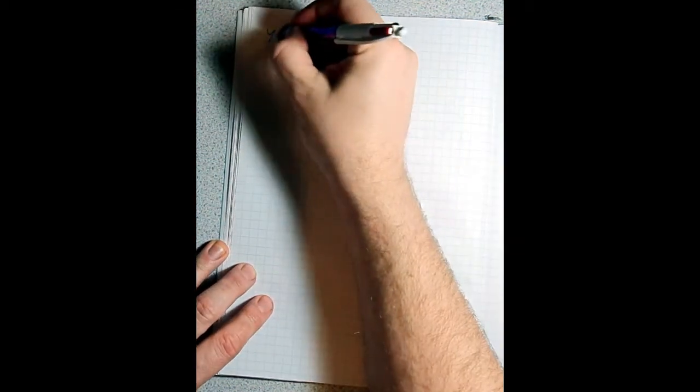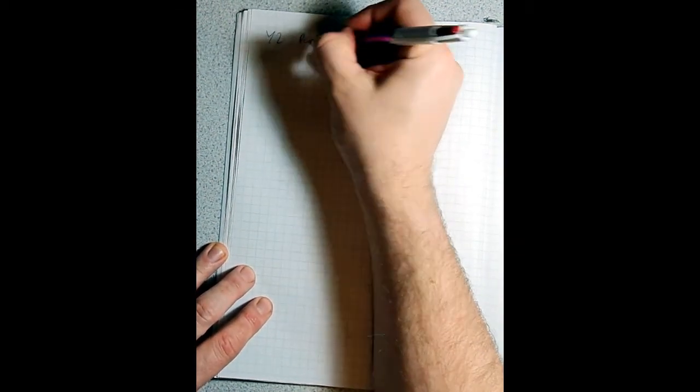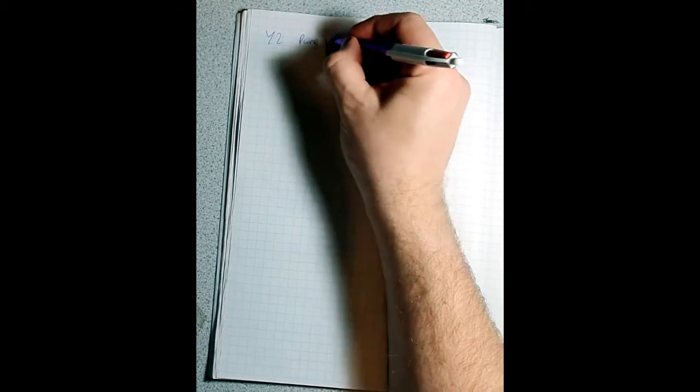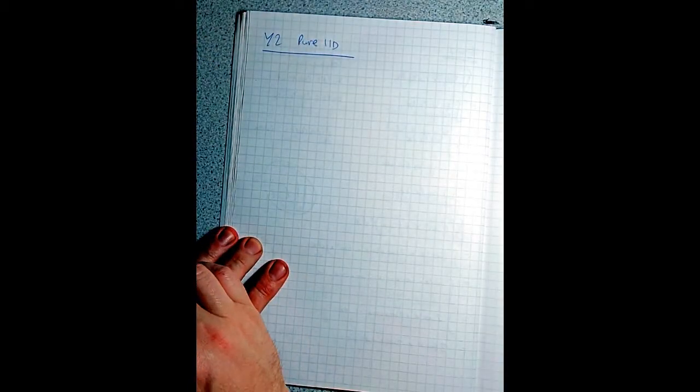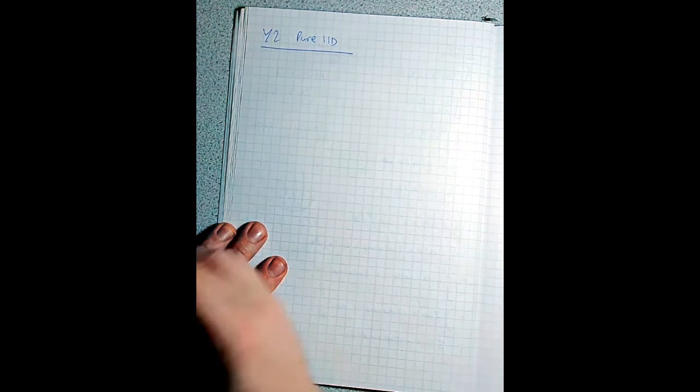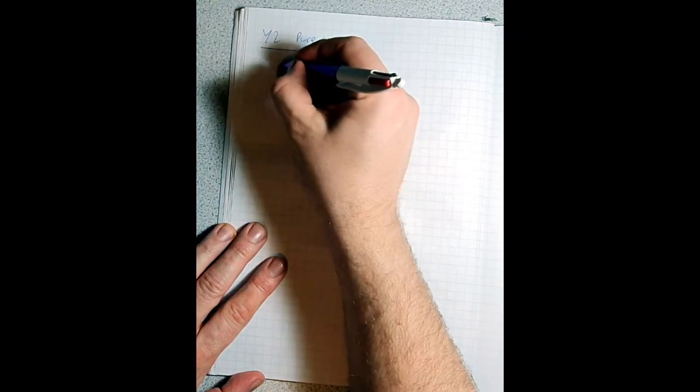Right, this is the next video for the year 12 pure, what we're going towards, 11D. And before we go straight into the example, I just want to think about this differentiation.